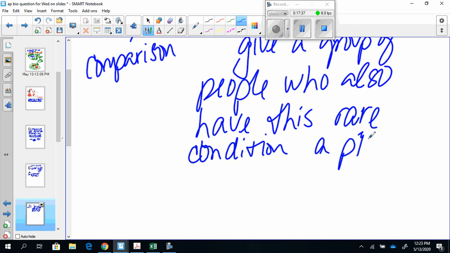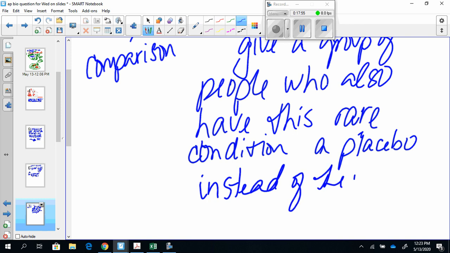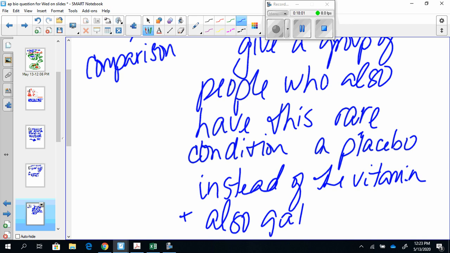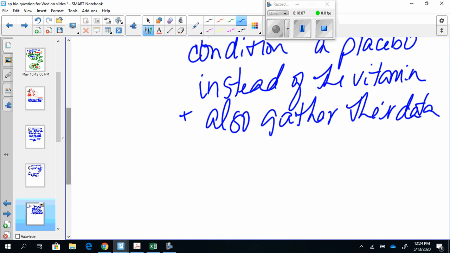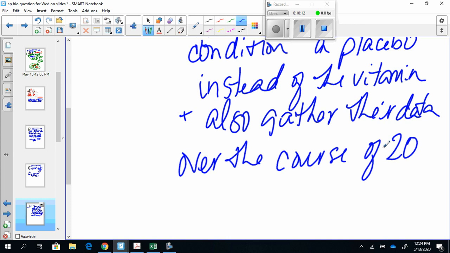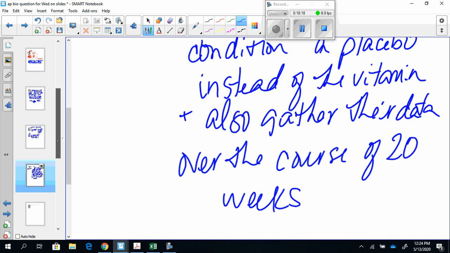I want them to think they're taking the vitamin because I want the psychology to be the same, but I want to actually give them a placebo. So give a group of people who also have this rare condition a placebo instead of the vitamin, and also gather their data over the course of the 20 weeks. All right, so that would be a good control to do. That would be something to compare this to.